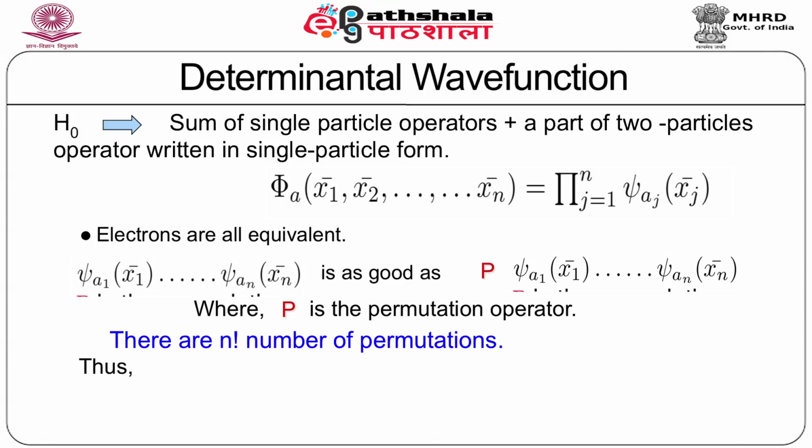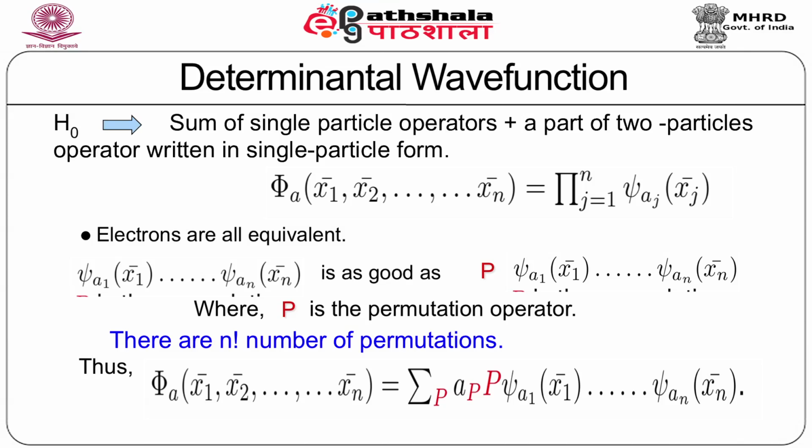As you can see, there are n factorial such permutations possible for an n electron system. Thus, we have the wave function for the n electron system given by the summation over capital P, A_P, then P operated on this single electron product wave function.